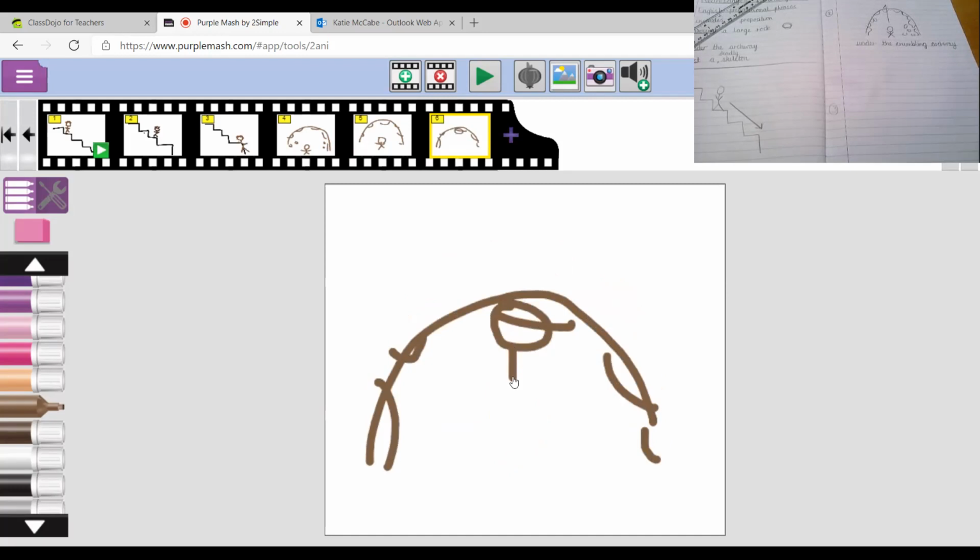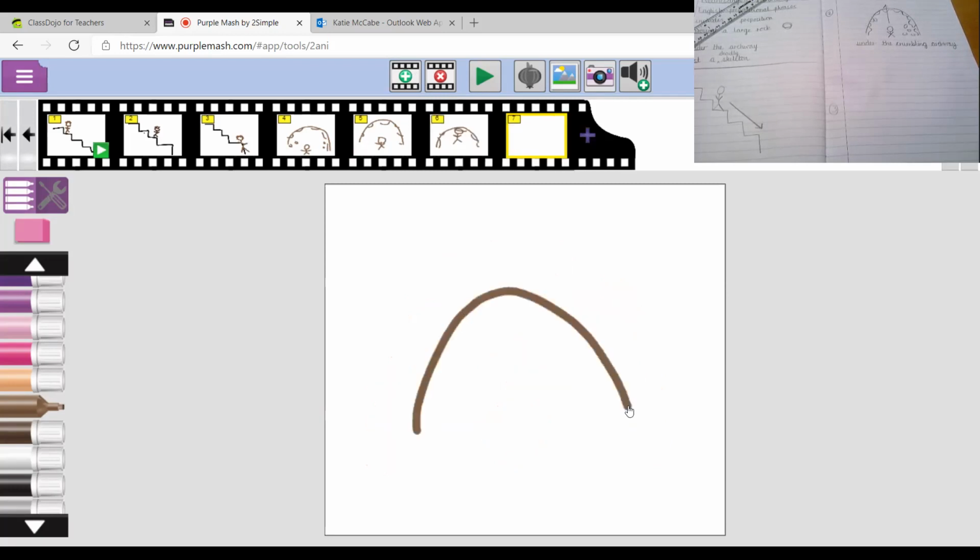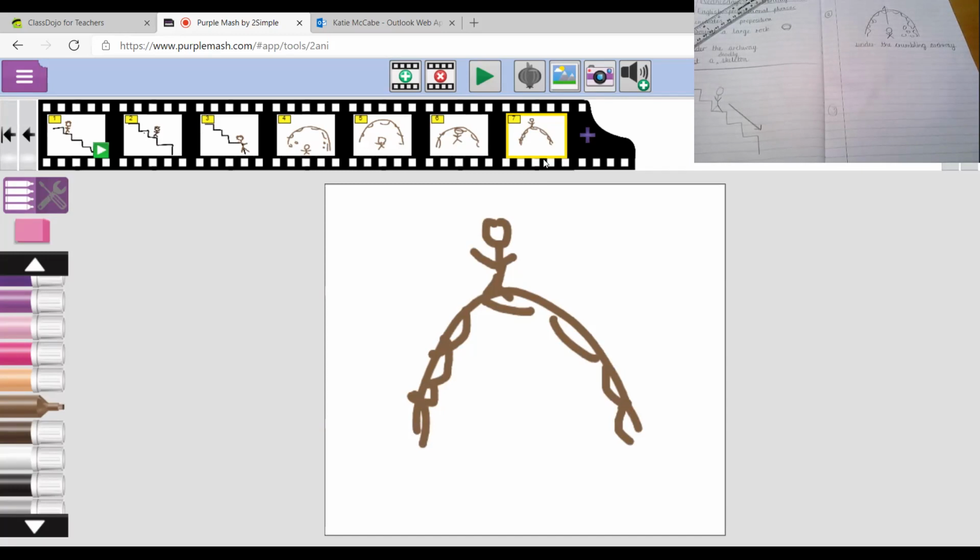So now he is directly underneath it. And then my final frame is going to show him coming out of the crumbling archway. Okay. You can, of course, add more detail to your images. So here are my frames that show Theseus's movement under the crumbling archway.